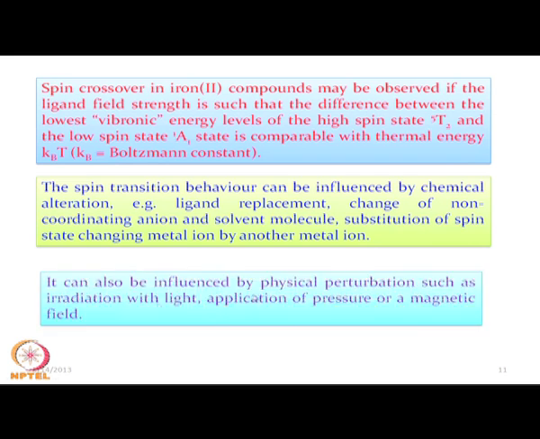It can also be influenced by the physical perturbation, that is irradiation of light, application of pressure and magnetic field apart from temperature. So, apart from temperature, 3 other physical perturbations can be applied to see the spin state transition, which are the light, the pressure and the magnetic field.